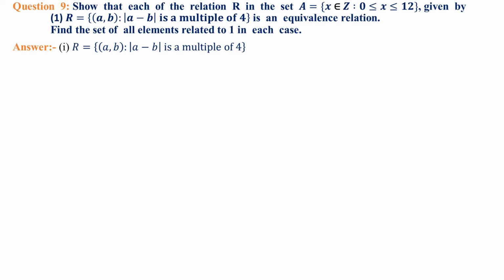Next, question number 9. Show that each of the relations R in the set A equal to {x belongs to Z : 0 ≤ x ≤ 12}, given by R equal to {(a, b) : a minus b is a multiple of 4}, is an equivalence relation.